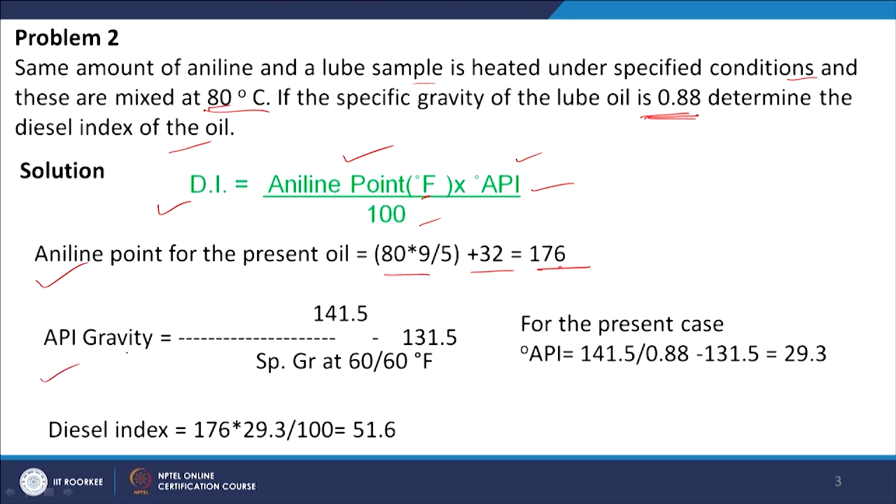This is the formula we already have: 141.5 divided by 0.88 minus 131.5, so we get 29.3. We put this in the expression: 176 aniline point into 29.3 API divided by 100. So, it comes to 51.6.